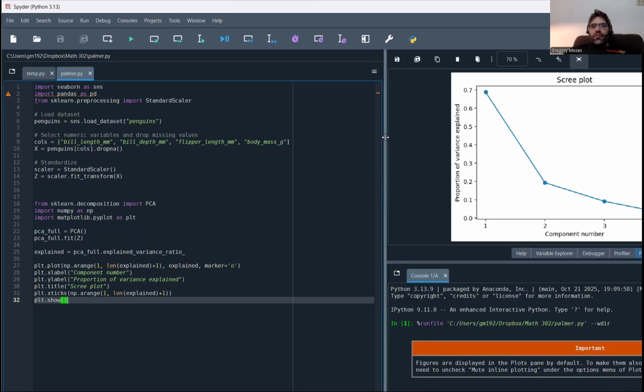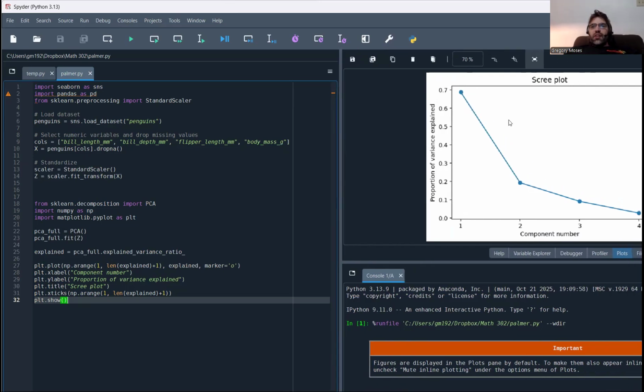In terms of variance, even one component is explaining a lot of variance, but the elbow of the scree plot is at 2, so let's keep 2 principal components.